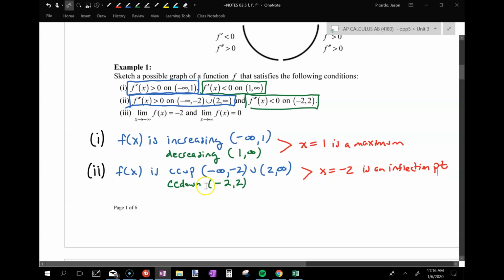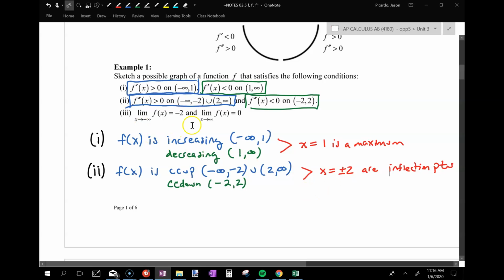So I was concave down from negative 2 to 2, but then from 2 to infinity, I was concave up. Another change of concavity, right? And that happened at x equals positive 2. So I'm going to just do this. X equals positive and negative 2 are inflection points. That cool?